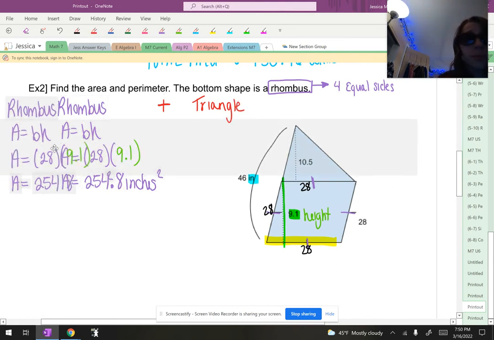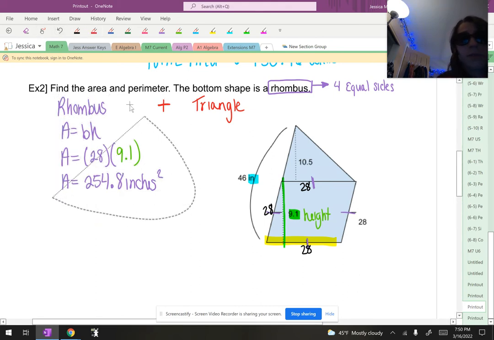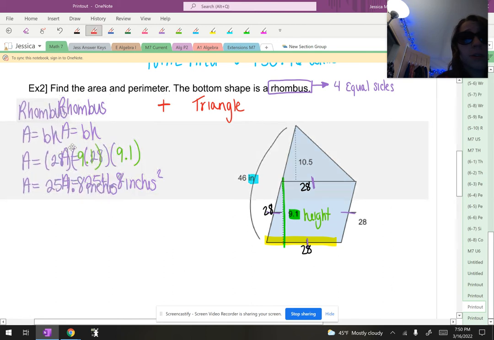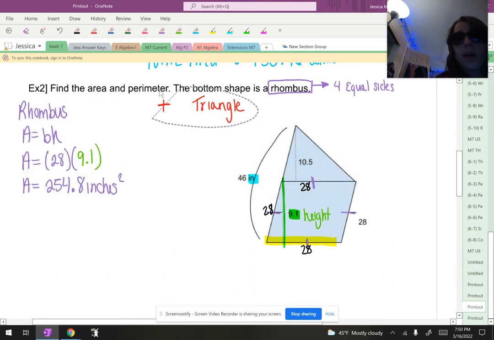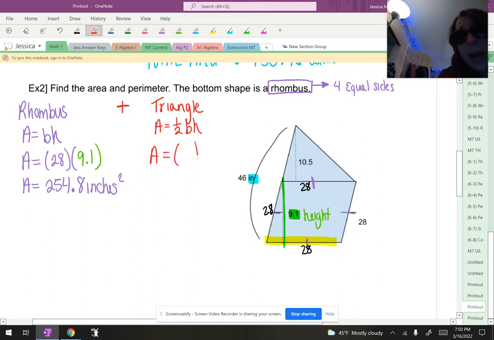So what is going in your head about the area formula for a triangle? Hopefully you're remembering or looking it up that the area formula for a triangle is 1/2 base times height. So remember, if we don't like fractions because they're scary, we can put that 0.5 in there instead.